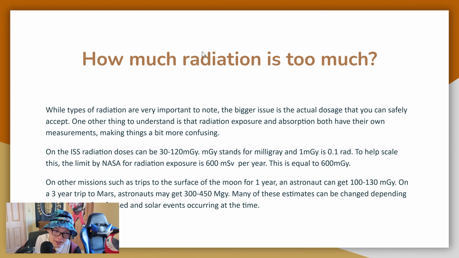So, how much radiation is too much? Just for some examples, the ISS radiation doses can be 30 to 120 milligray, which is what mGy stands for. Milligray is basically the same as 0.1 rads. To help bring this a little more into terms, NASA's radiation exposure limit for astronauts is around 600 millisieverts, which is basically the same as 600 milligray.